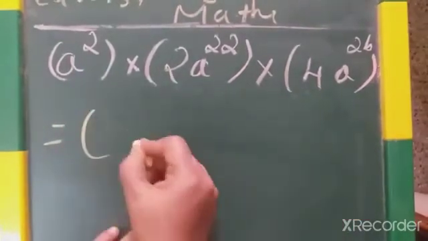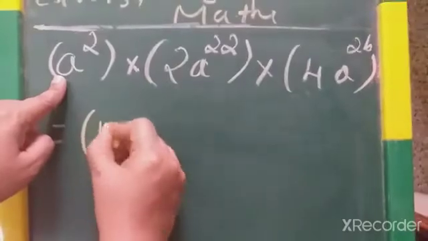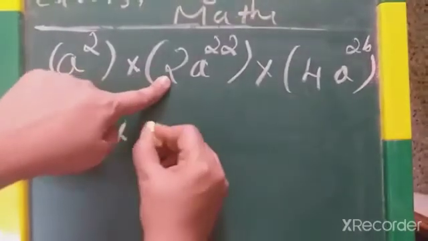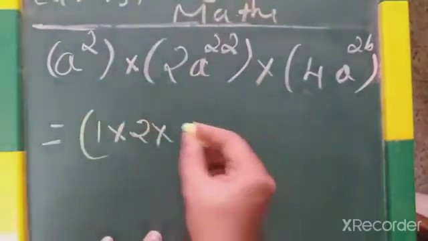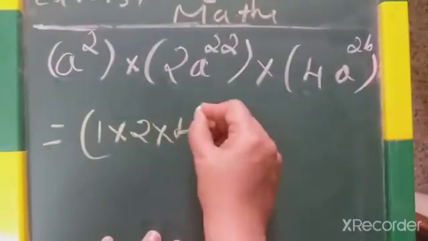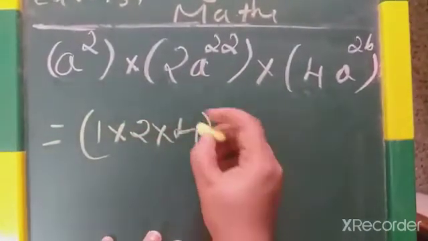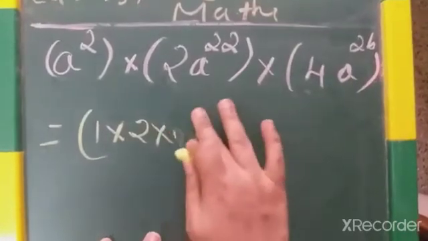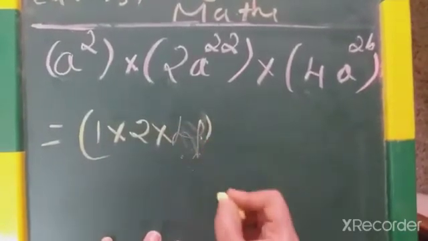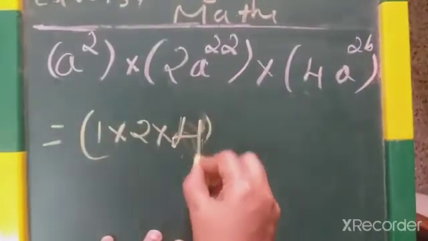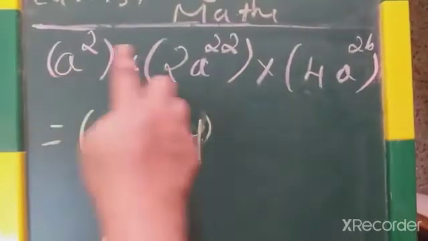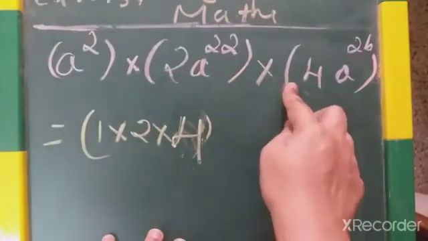Now here no number means 1 is there, 1 into 2, the second term, bracket means multiplication, and product also means multiplying 4. Now a square into a square means 1 is there, 1 into 2 into 4, the numbers are over.